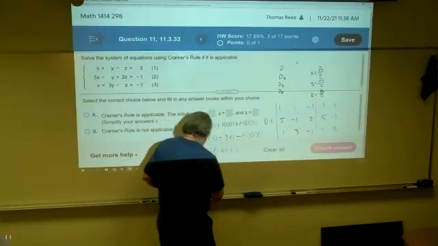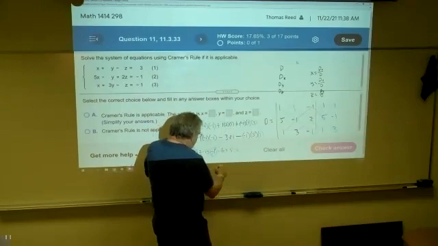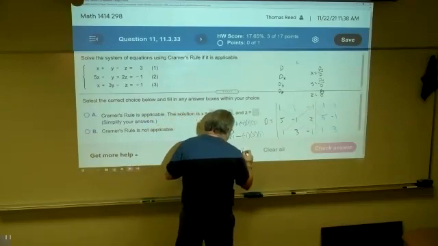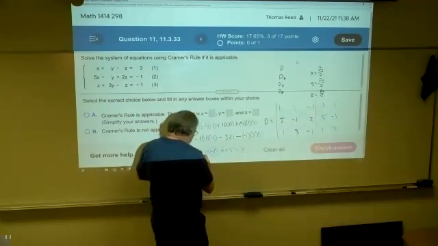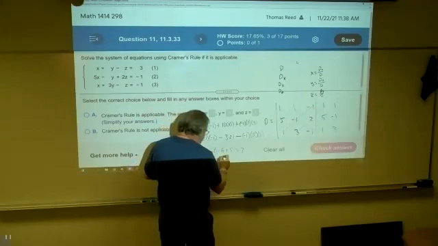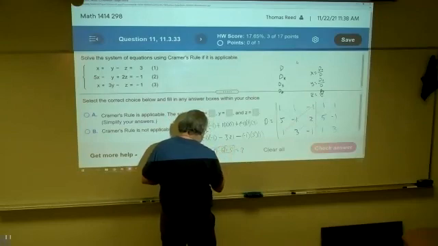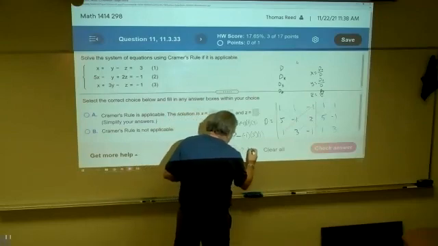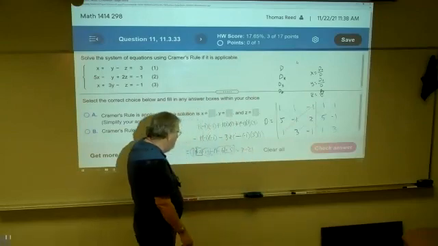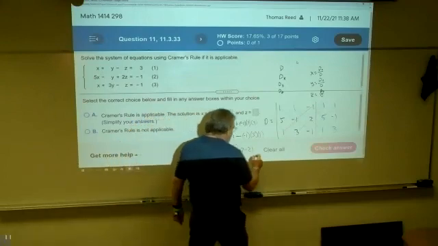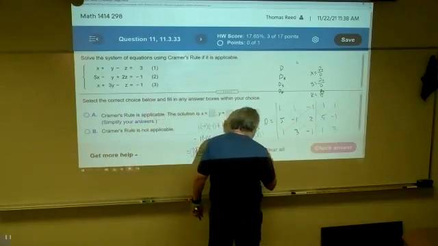So I combine my positives, which is 2 and 5. So that gives me a 7. So I added these together. And then my negatives I'll add together. And that gives me a -21. So 7 minus 21 is a -14.